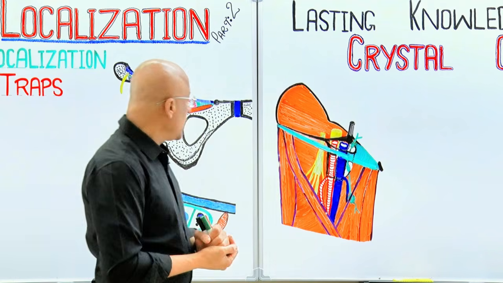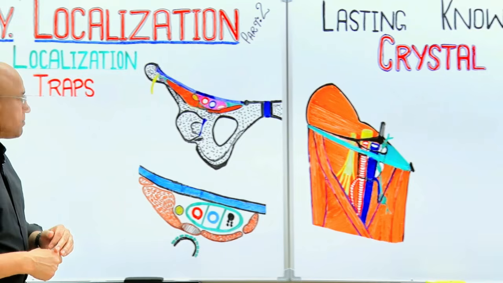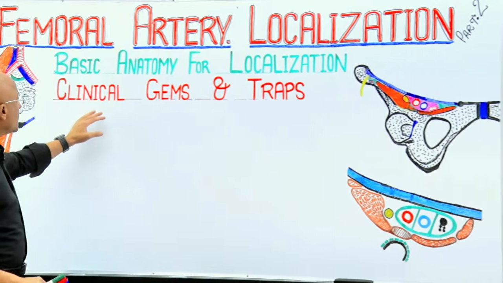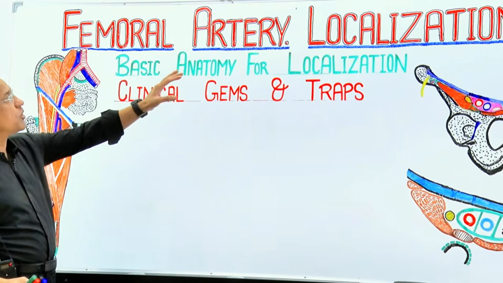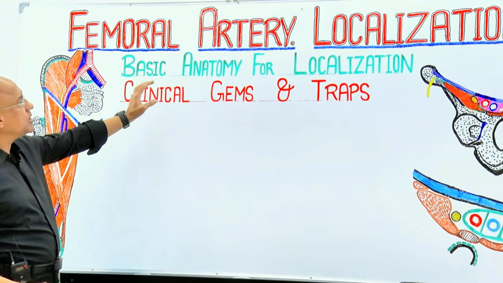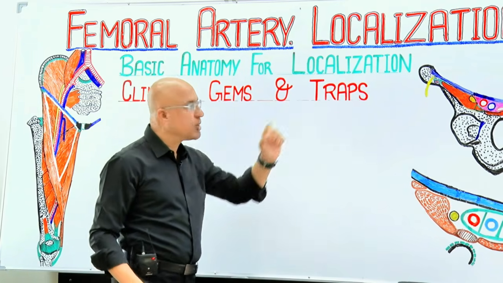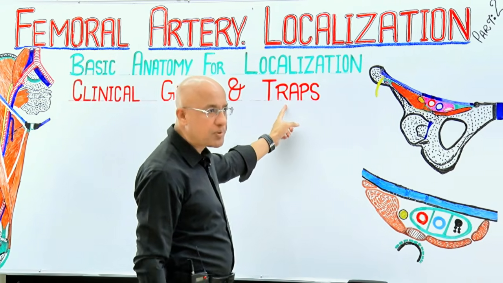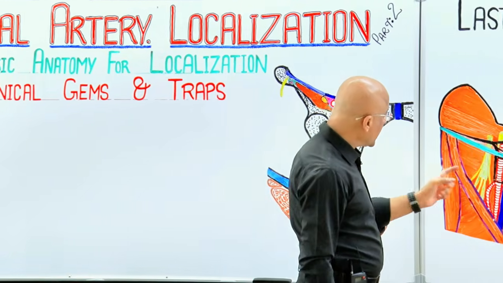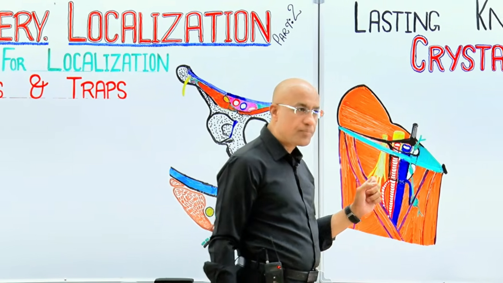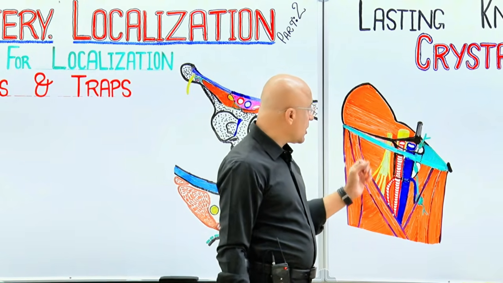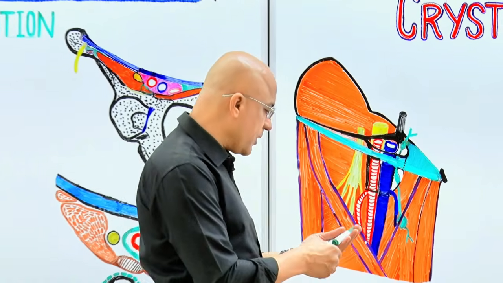Now, we come to the clinical traps. As I discussed, this lecture is about femoral artery localization, basic anatomy, clinical gems and clinical traps. Now we discuss the clinical traps, the dangerous situations here. First of all, we will discuss in 4 ways.